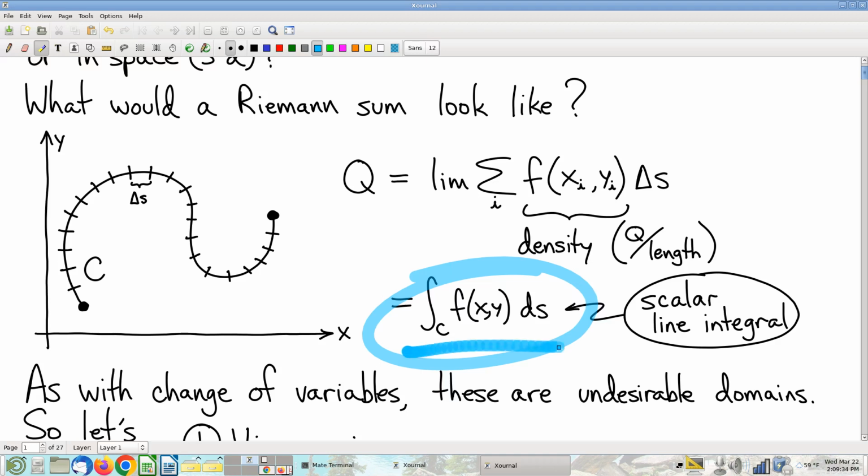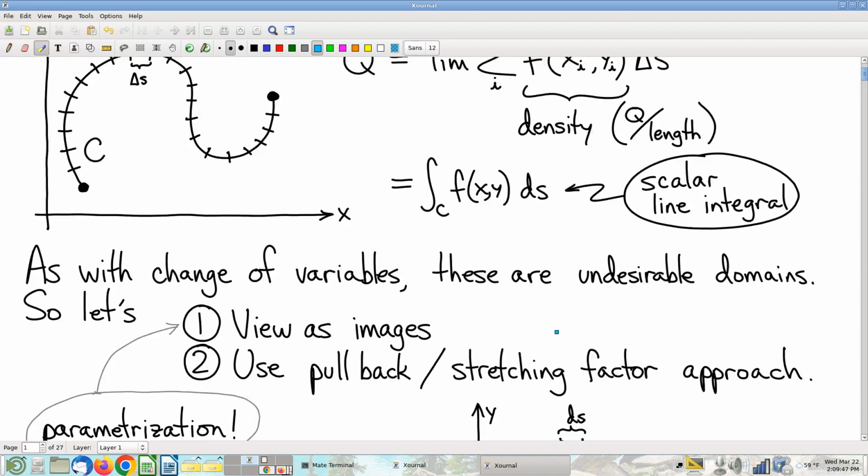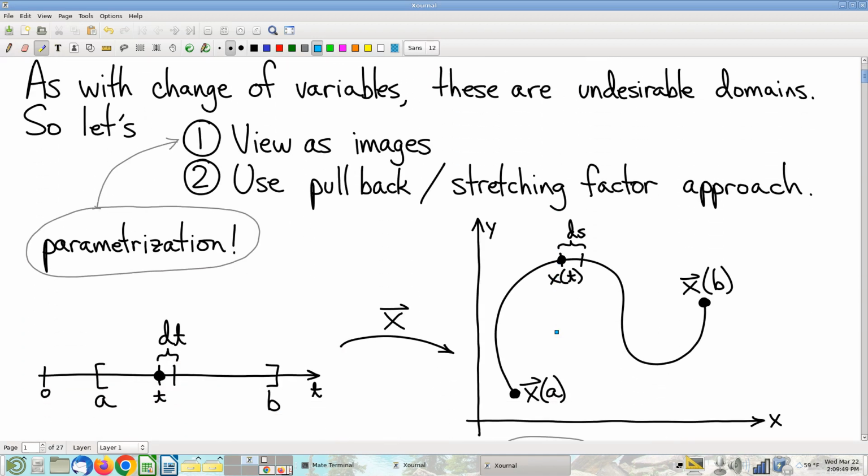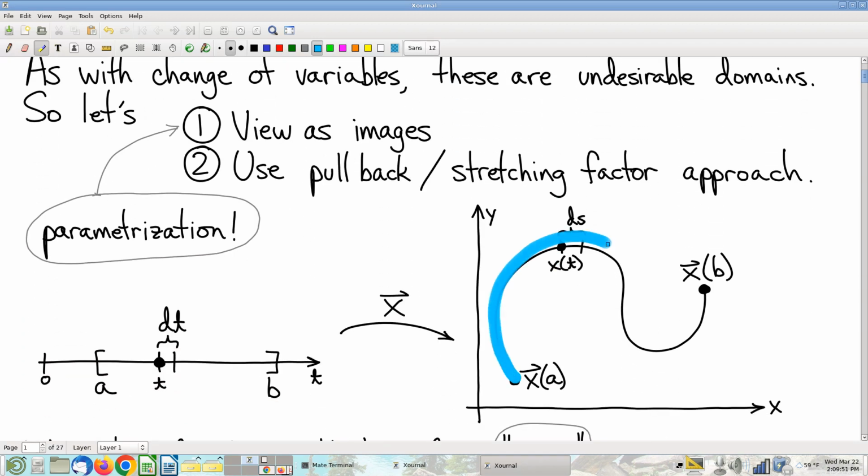Can I compute this with a double iterated integral? No, that would require areas. There's no area in this picture, so that's a dead end. What do we do here? This is what I'm going to call an undesirable domain. If you have a curve as your domain, I don't like it. The fact that it's a curve is what makes this integral hard to compute.